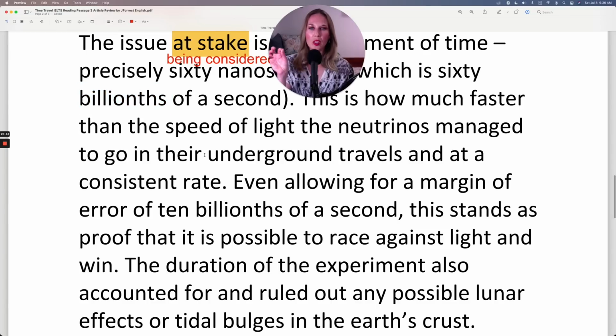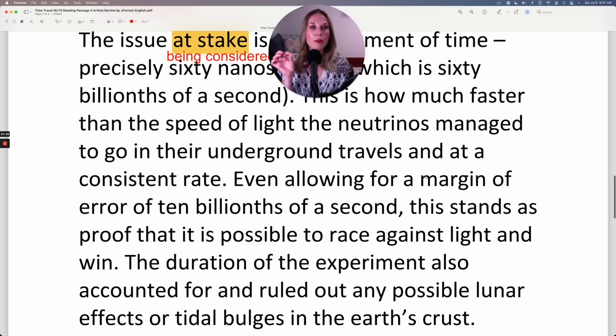So here, they're comparing the speed of the neutrinos to the speed of light, which is just so fast that you and I, average people, can't really understand how fast it is because it just happens so quickly. So they're just letting you know it happened faster than the speed of light.